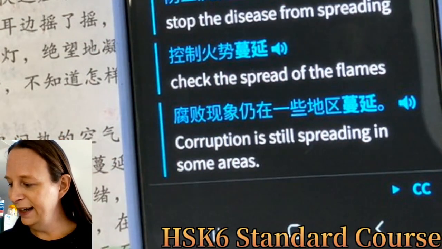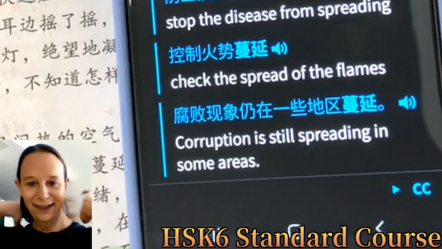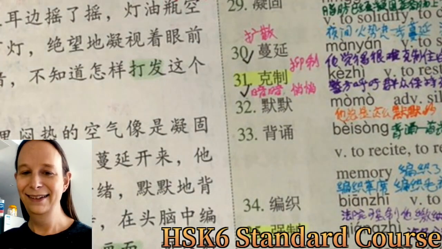Corruption is still spreading in a few areas. Yeah. Okay, that's really interesting.